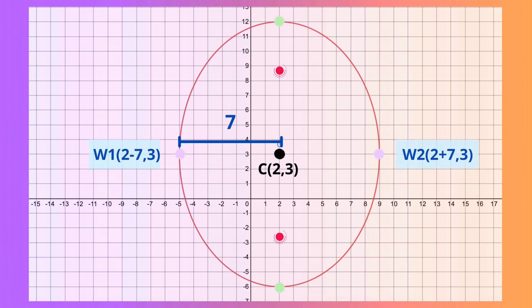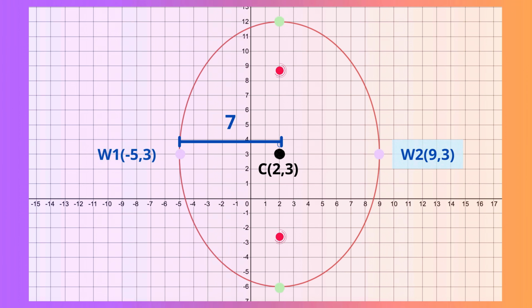If the co-vertices are both 7 units away from the center (2, 3), then we add and subtract 7 to the x-coordinate of the center. Hence, we have (negative 5, 3) and (9, 3).